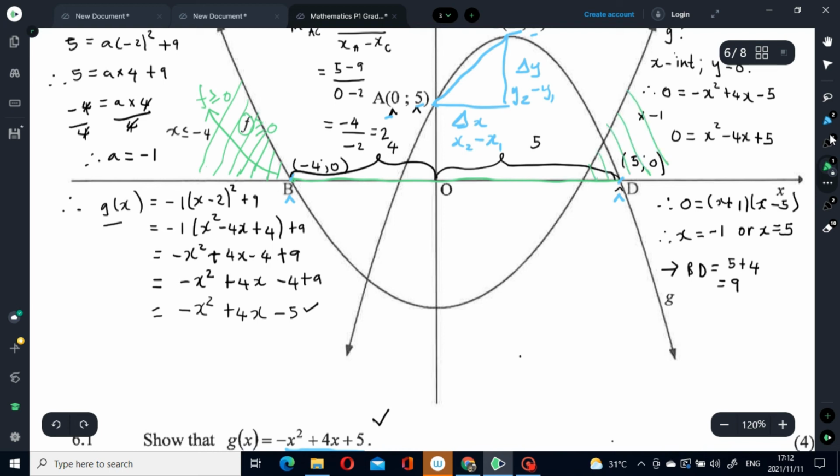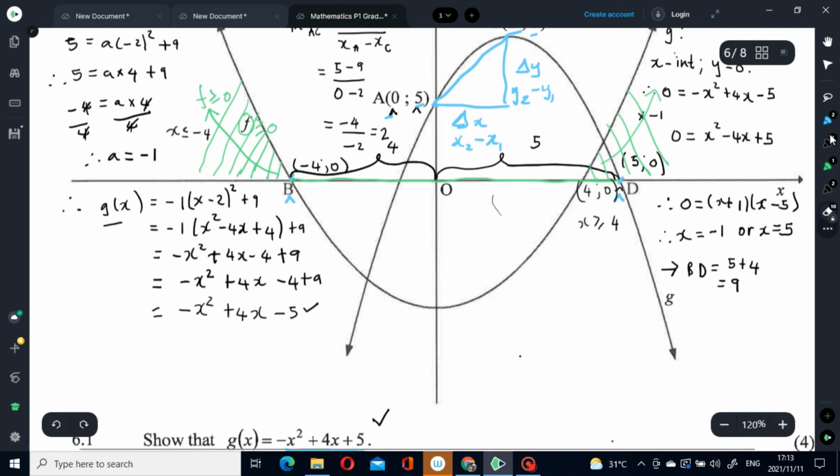We can see in this area f of x stays positive. So f of x is positive from 4, and those coordinates are 4 and 0, right? So x must be greater than or equal to positive 4. So those are the only two regions for which f of x is greater than or equal to 0.